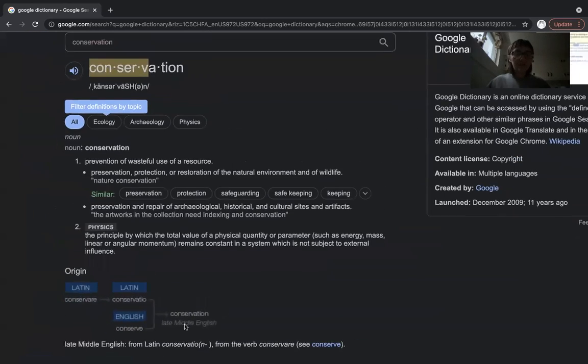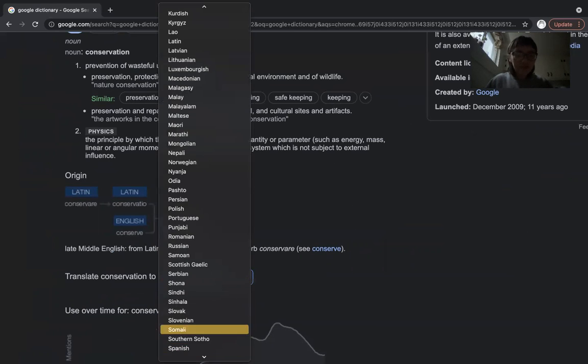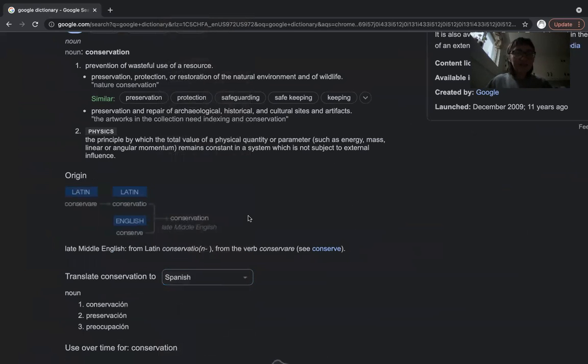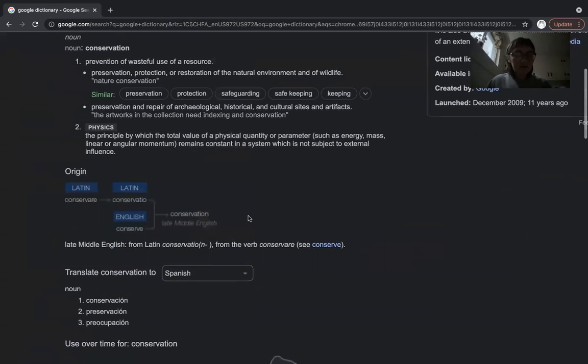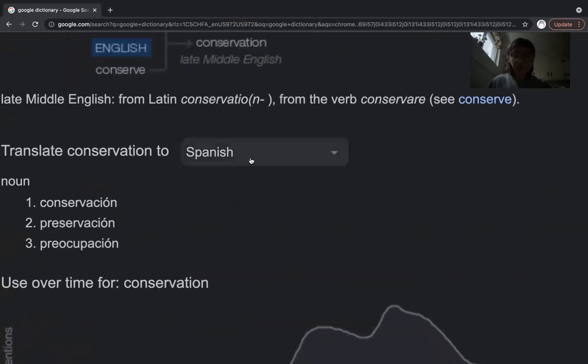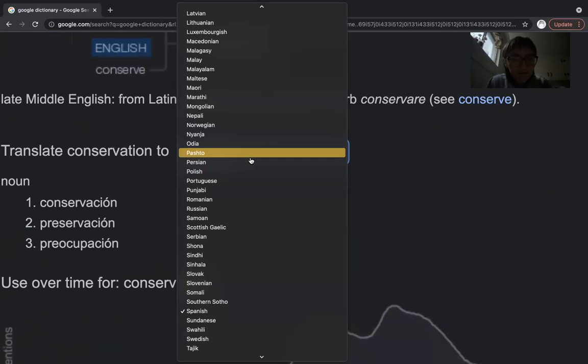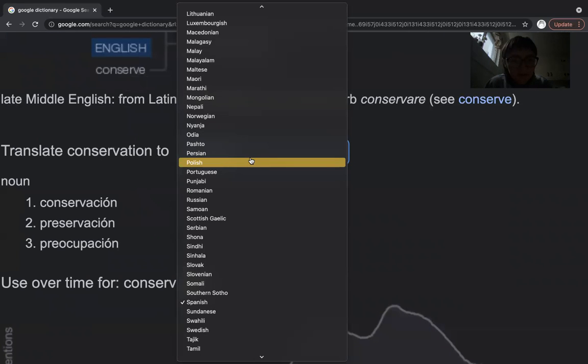Something else really cool about Google Translate is I can choose the language to translate it to. So here's the translation into Spanish. And then let's do Tagalog. It's just there.